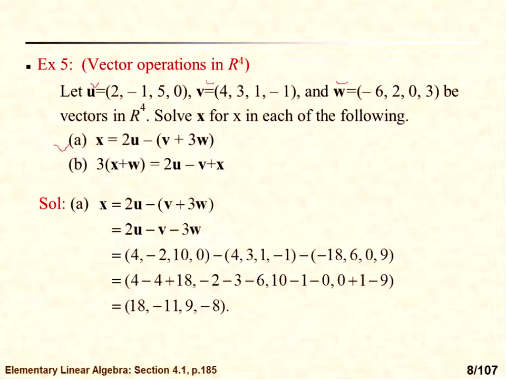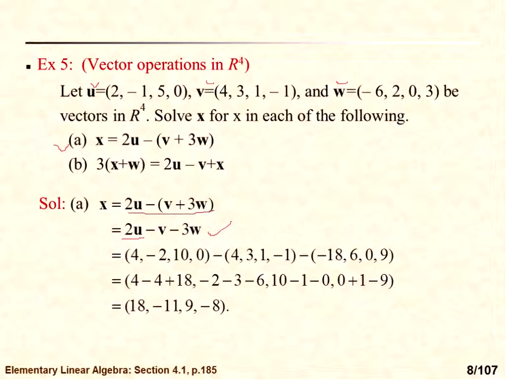So let's see how we can open the brackets and solve part a. First of all I write 2u minus v plus 3w. I open the bracket and write it in standard form.